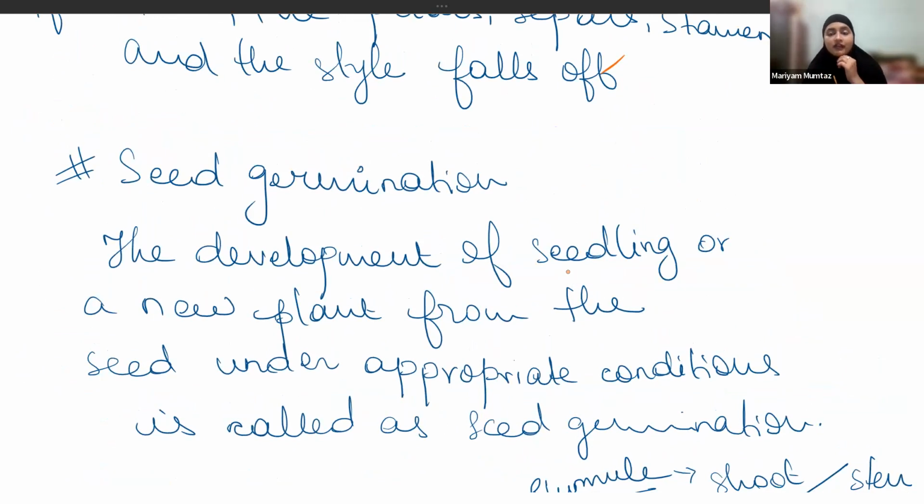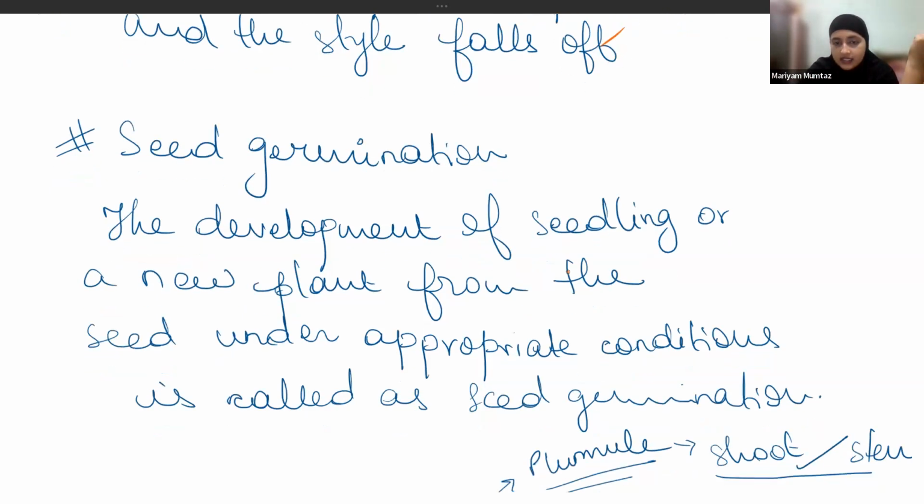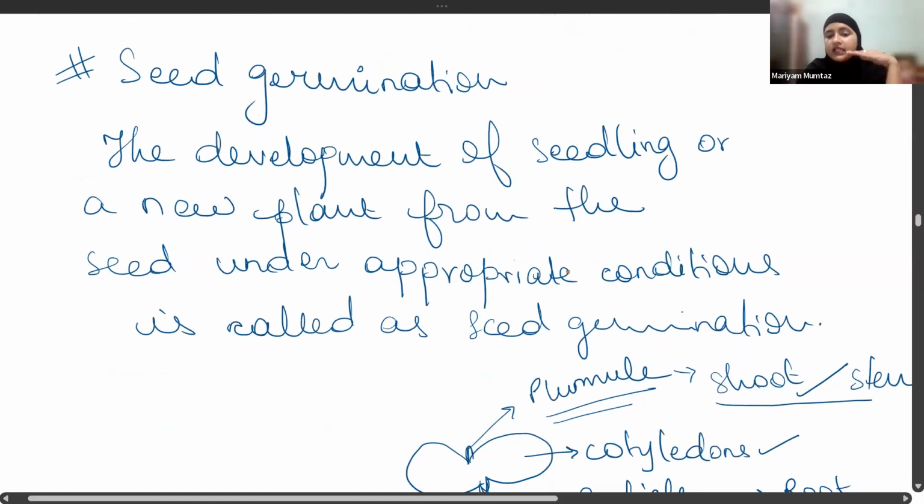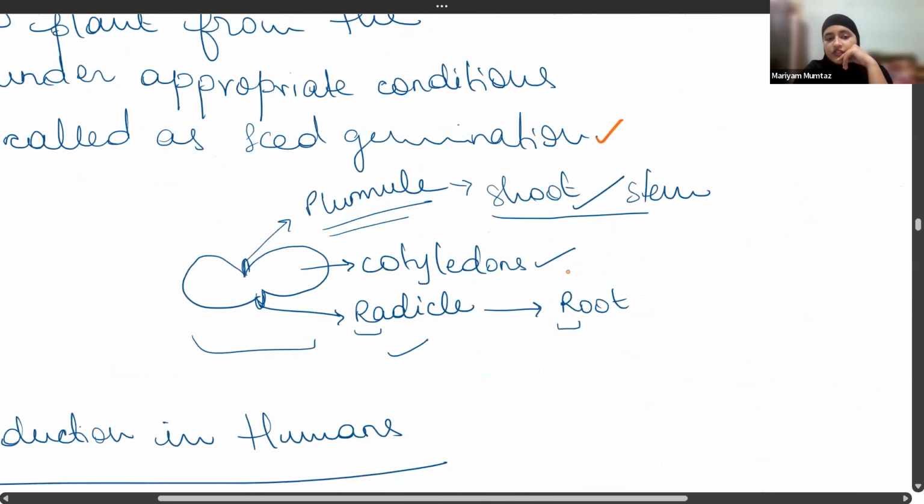Meaning when enough water is present and the proper temperature is there, only then can seed germination take place. So the development of a seedling or a new plant from the seed under appropriate conditions is known as seed germination.